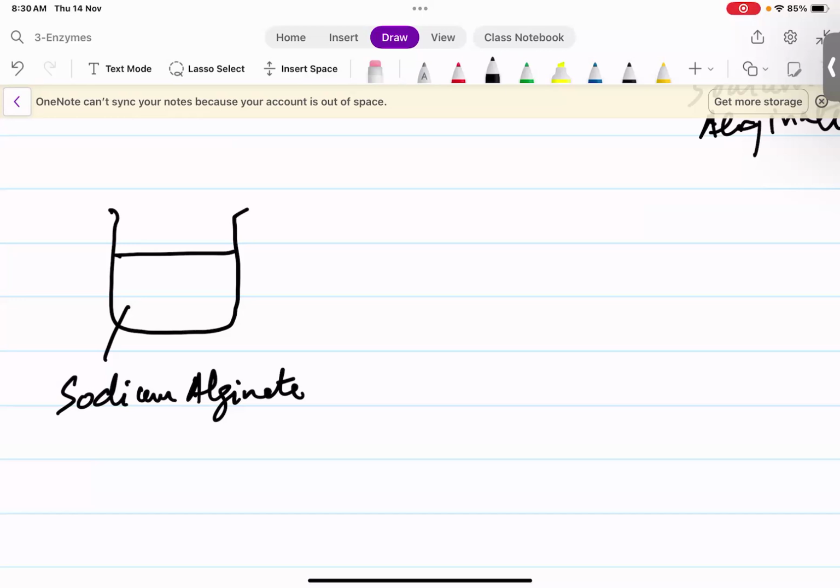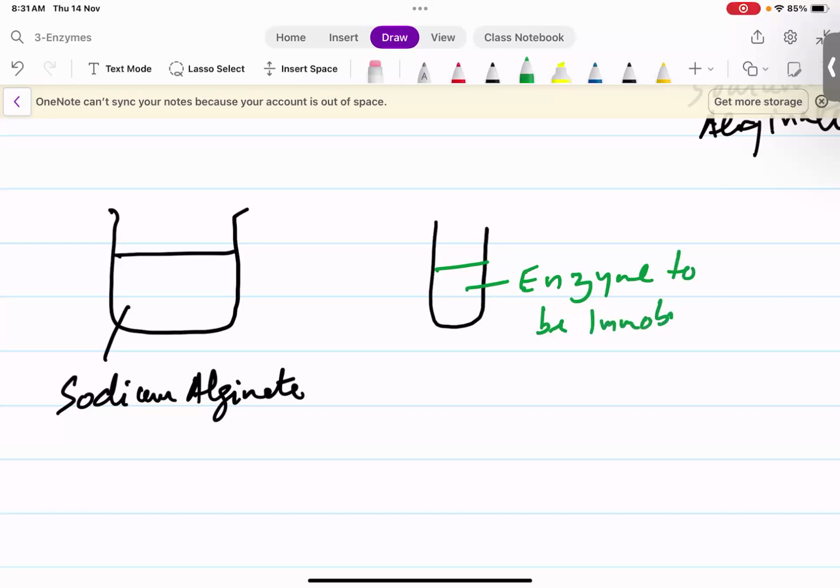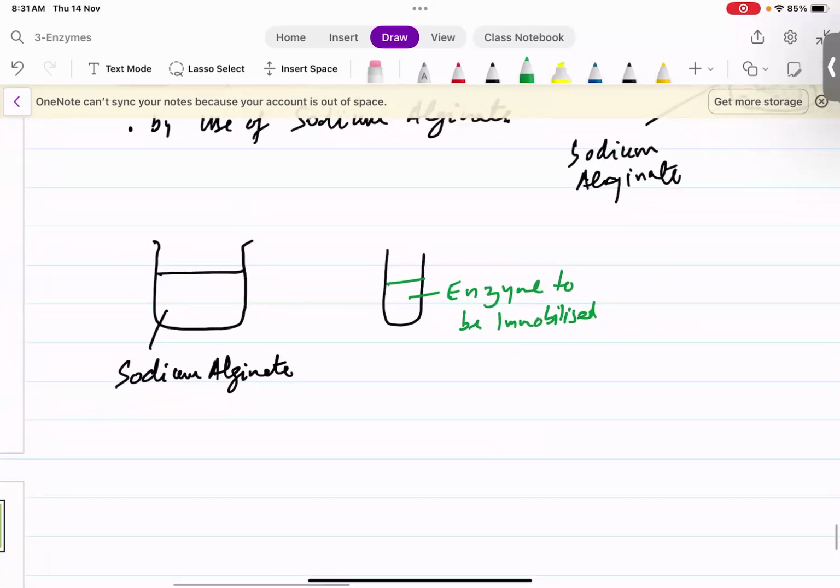And this is, for example, an enzyme which has to be immobilized. Anything else can be immobilized, not only the enzymes, but yeast, algae, or other unicellular organisms can also be immobilized by this method. It could be yeast that is immobilized this way.